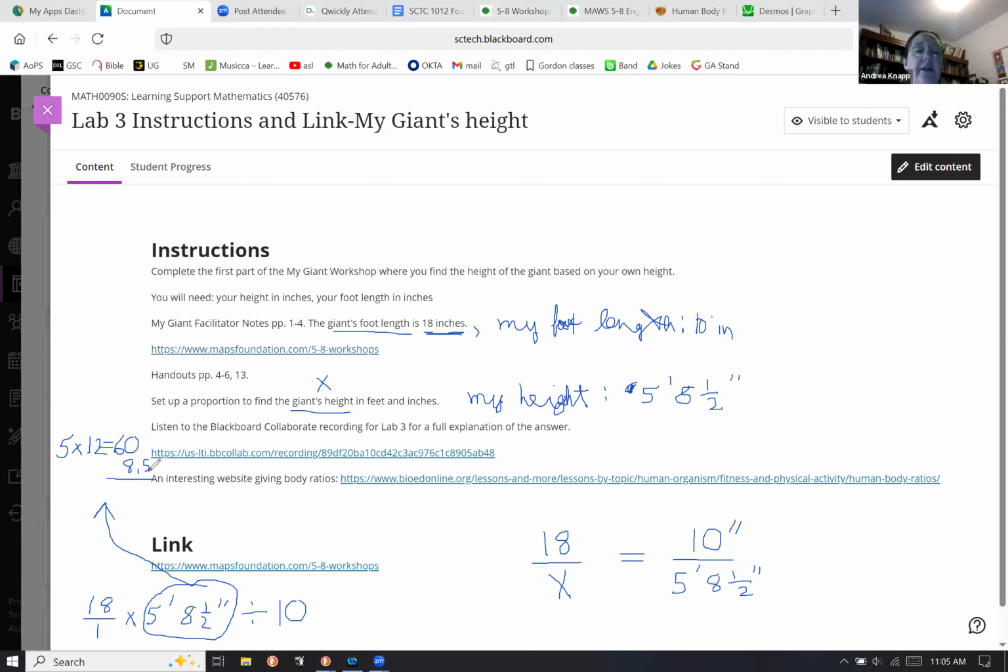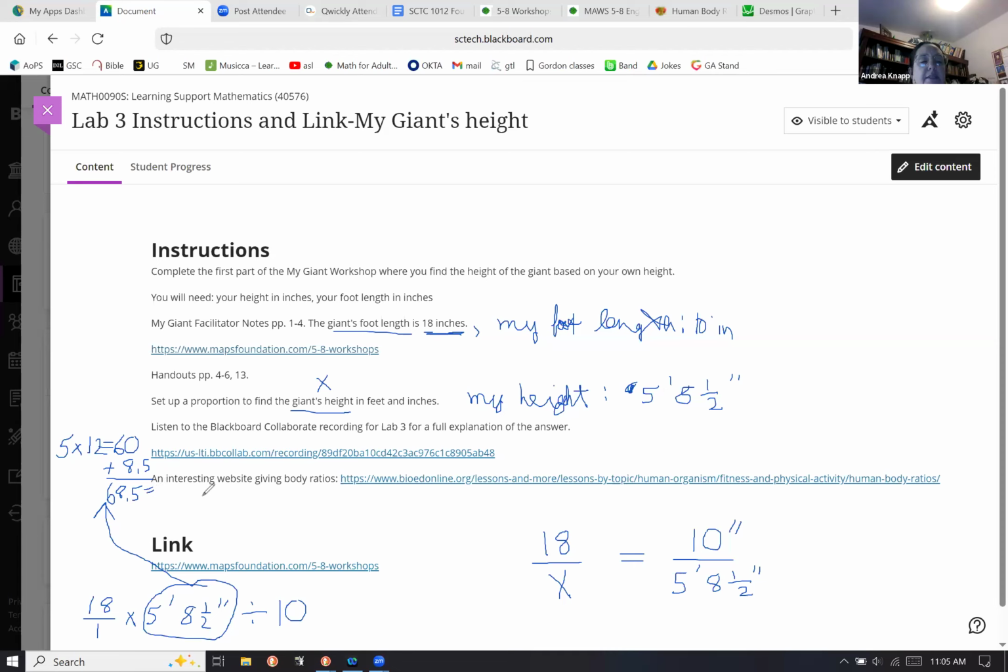And you can use a calculator. 60 plus 8.5. 68.5. Correct. So 5 foot 8.5 inches is the same as 68.5 inches.